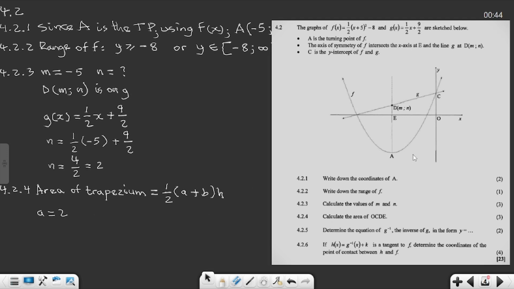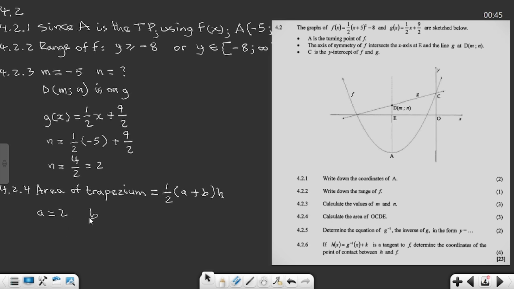And now you have B, which is OC. So if you know the y-intercept, you'll get the distance here. Can you see the point C is the y-intercept? And you can see the equation of g tells you that the y-intercept is 9 over 2.